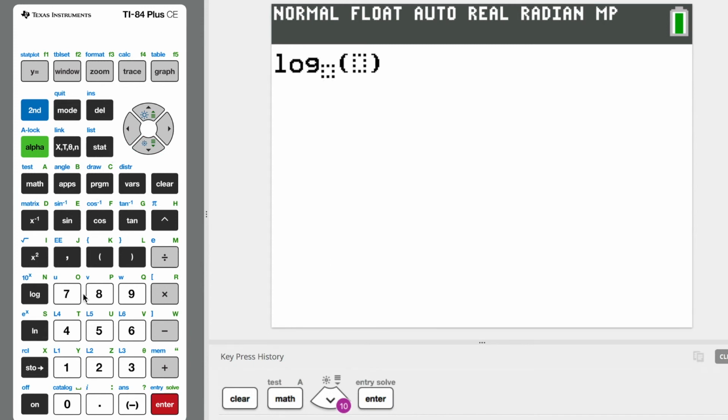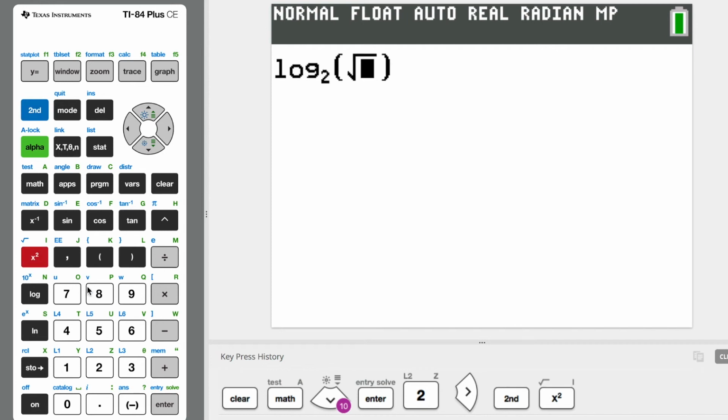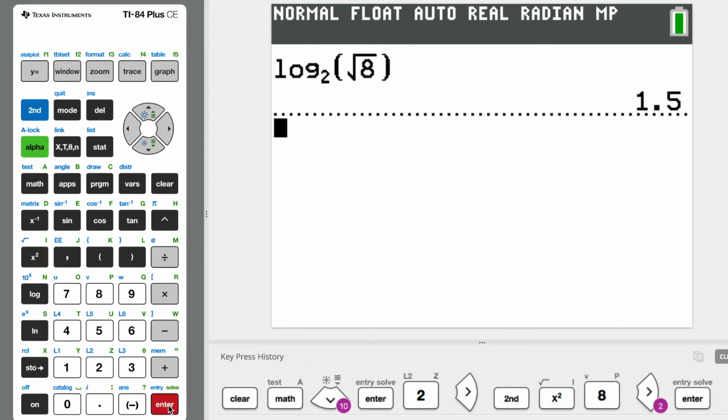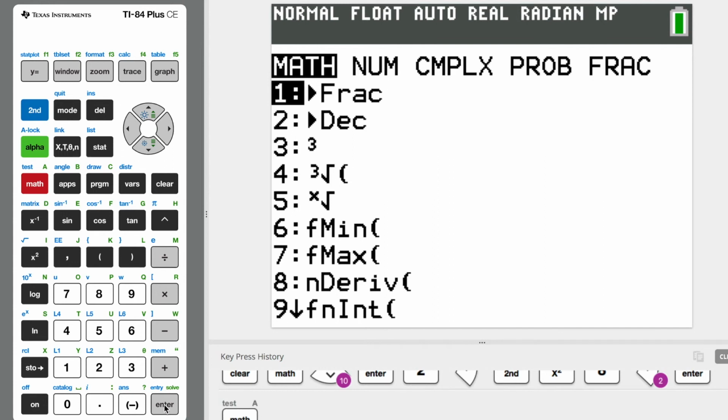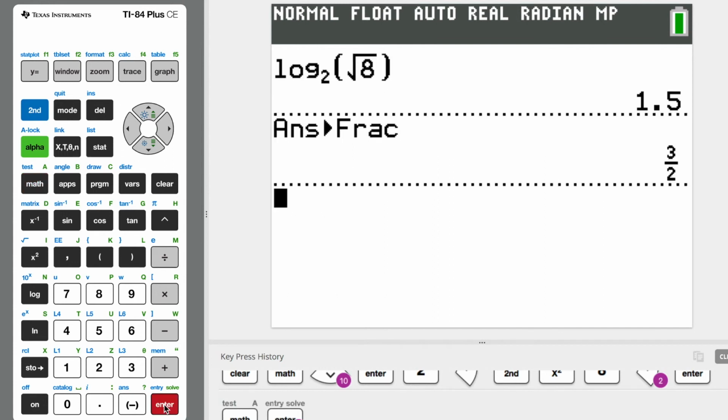The base would be 2, and then we would put square root of 8. And press Enter, and we get 1.5, which, if you press Math and then Enter, you get in fraction form, which is 3/2. The answer is B.